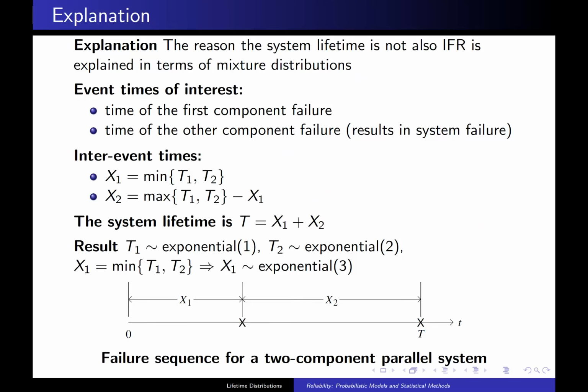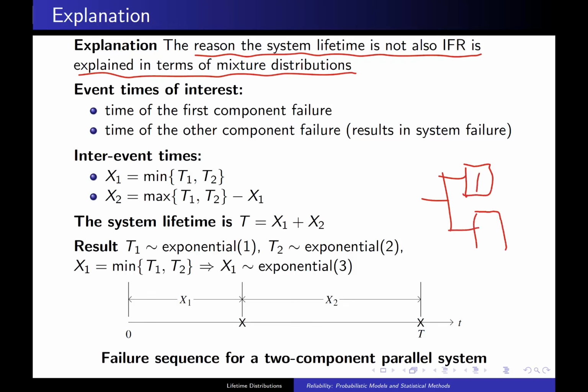Here's the explanation. The reason that the system lifetime is not also in the IFR class is explained in terms of mixture distributions. Now, for this two-component parallel system, there are only two interesting points in time, and the first point in time is when the first component fails.